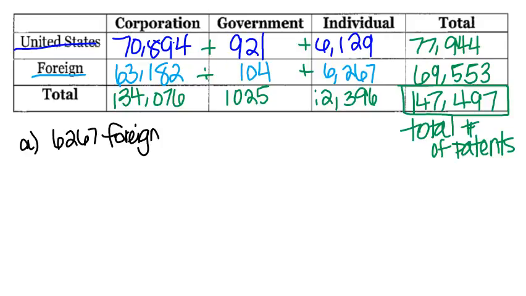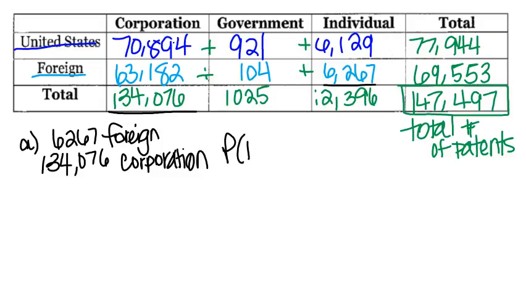Given that it was issued to a corporation, how many corporation patents do we have? The total corporation patents is 134,076. Did you see that? So the foreign, given that it was a corporation.